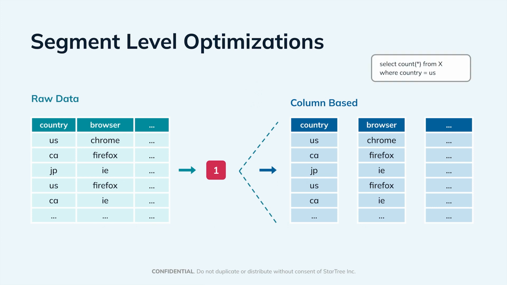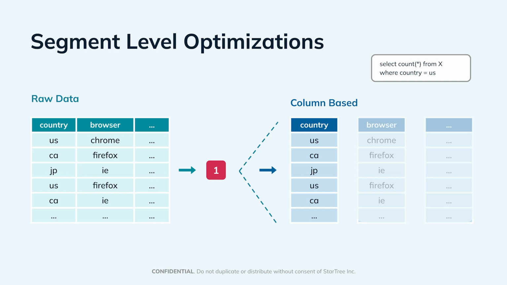For example, if you want to do an aggregation and filter on some specific country, instead of having to scan all the rows in a typical row store, you only need to look at one column, which is the country column. So this reduces how much data you need to scan from the disk, how much data needs to be brought in memory, and obviously is great for the query latency. This improves latency and throughput indirectly.